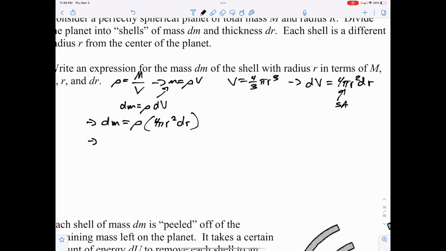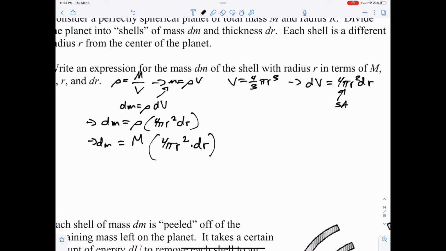So what we have is dm is equal to rho, which would be mass per unit volume, times 4 pi r squared times dr. Okay, so we're almost there.